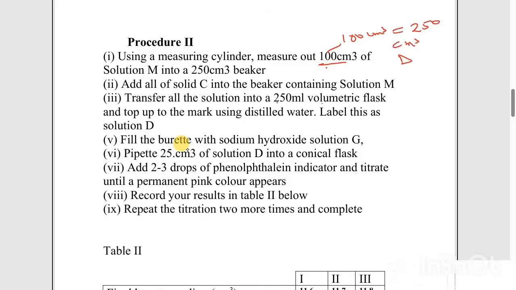The number of moles that remains after reacting with solid C is equal to the number of moles in the 250 centimeters cube solution that we are going to prepare inside here. That is the critical thing that you need to master.